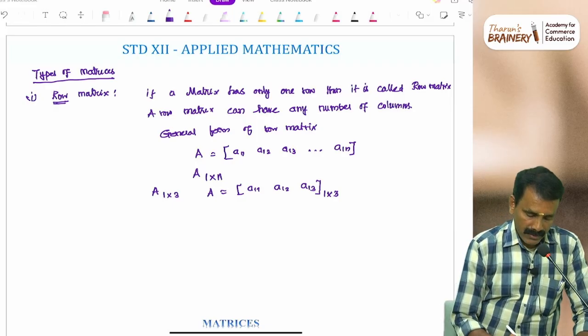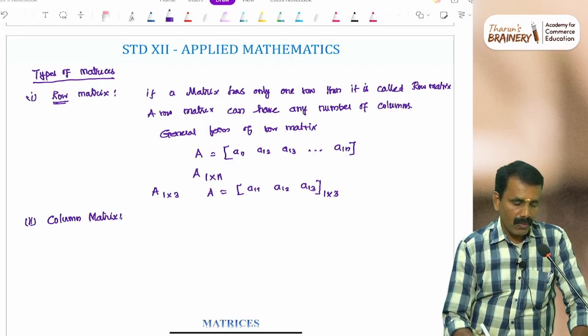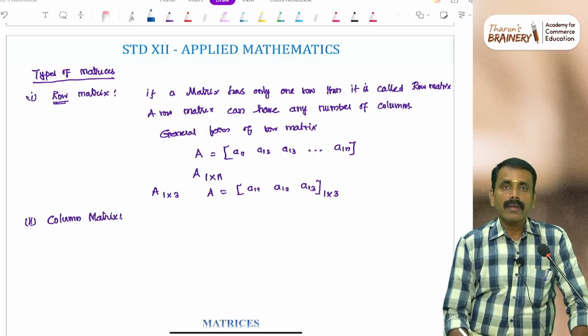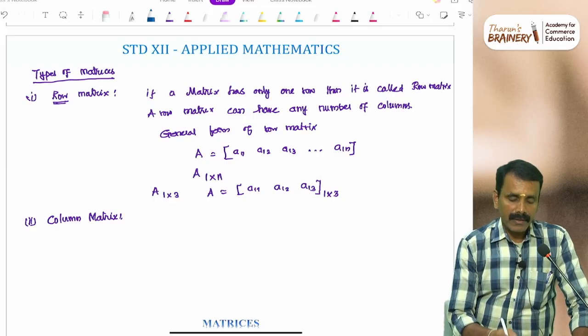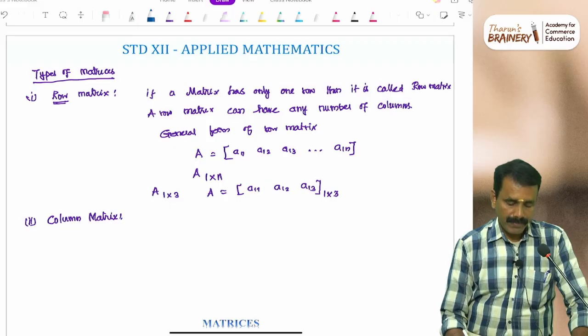The second one, obviously, is the column matrix. What is a column matrix? After learning the row matrix, it is very easy for you to define what a column matrix is.